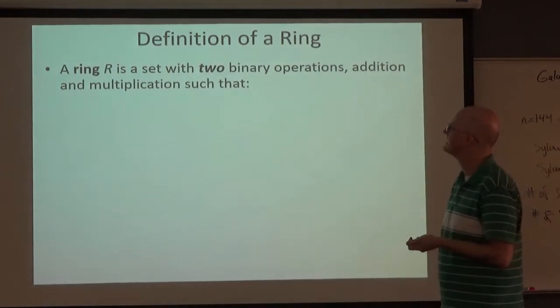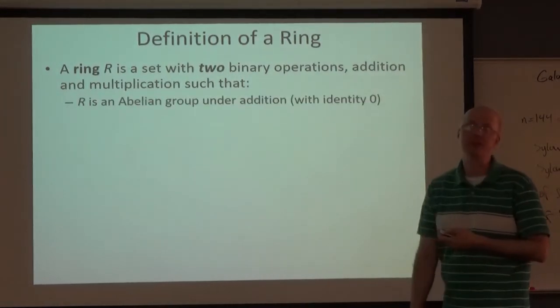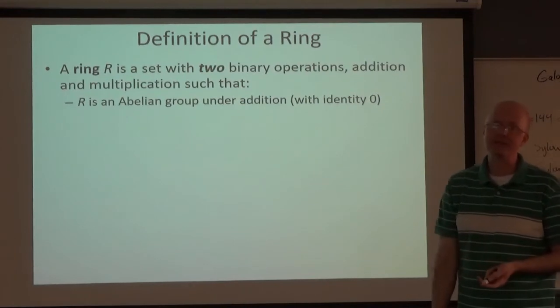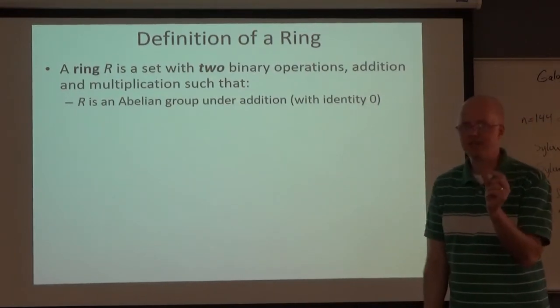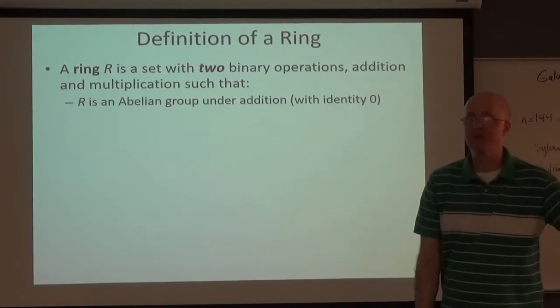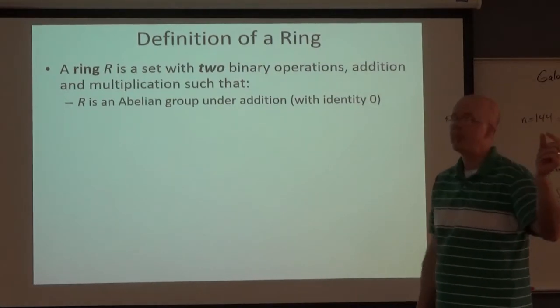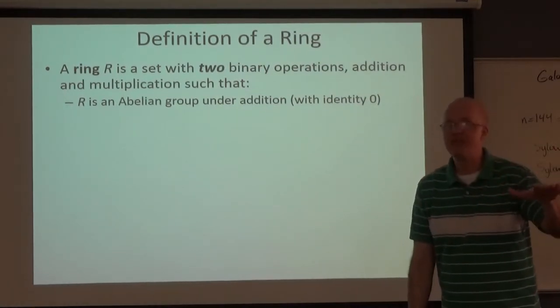The first property is that R is an abelian group under addition. All rings have addition be commutative. And we don't use e for the identity element.